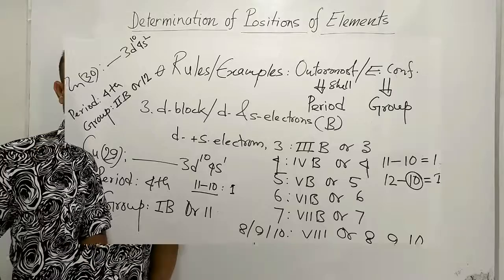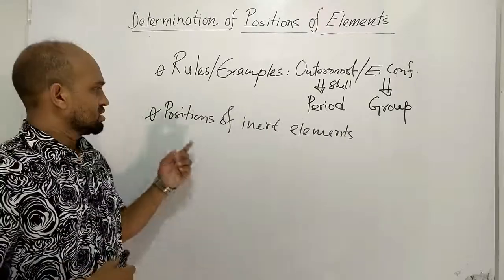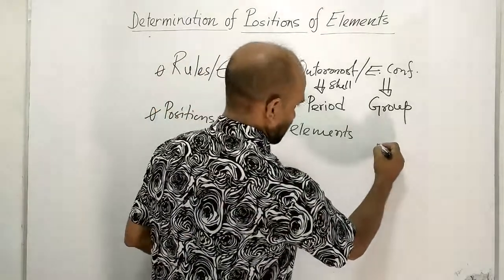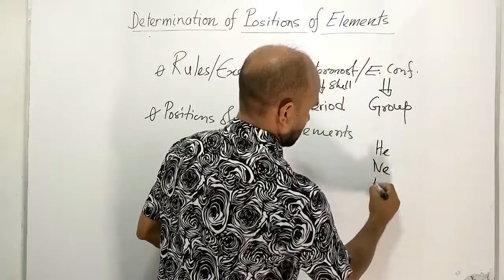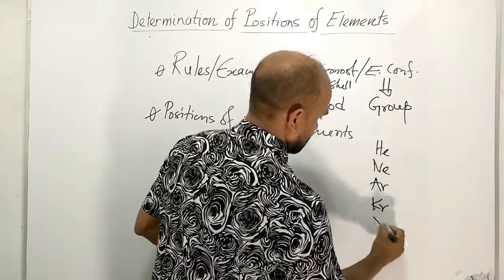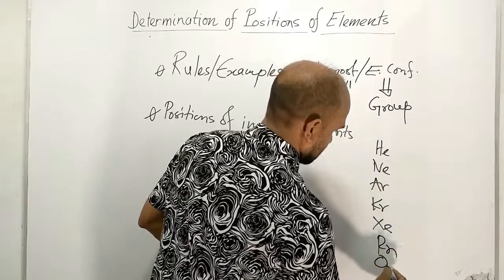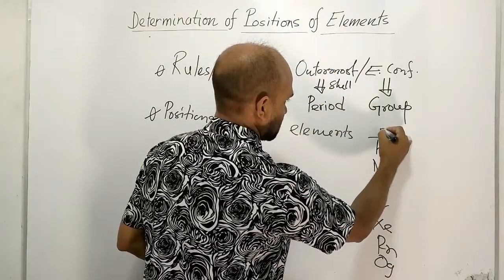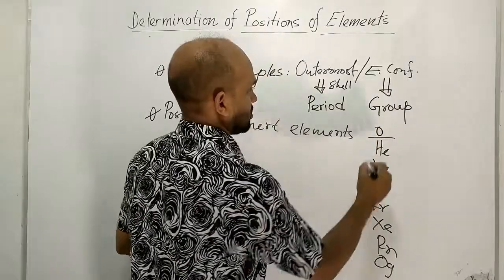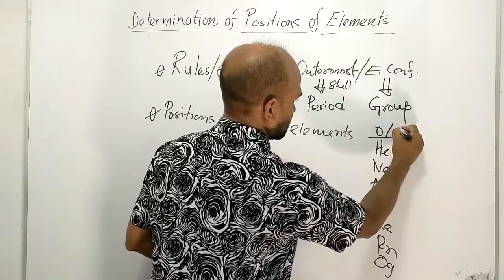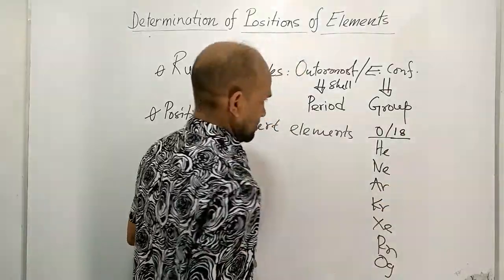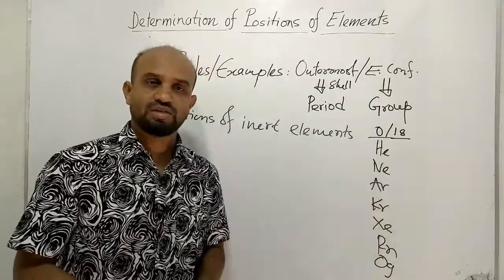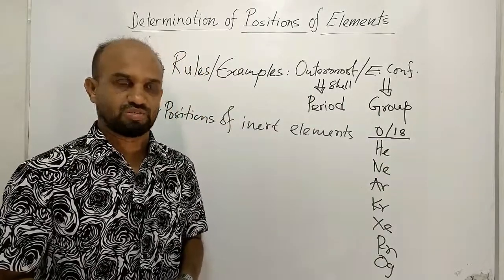Let's see the next point. Now the point is position of inert elements. These are the inert elements: helium, neon, argon, krypton, xenon, radon, oganesson. The name of this group is 0, or in the most modern periodic table this is 18. 0 in the modern periodic table and 18 in the most modern periodic table.